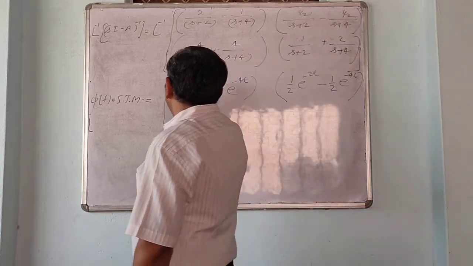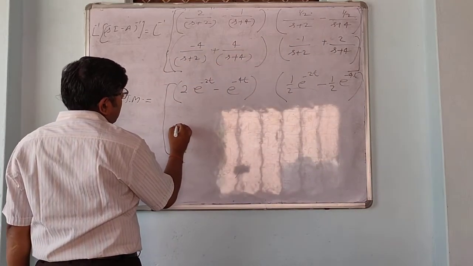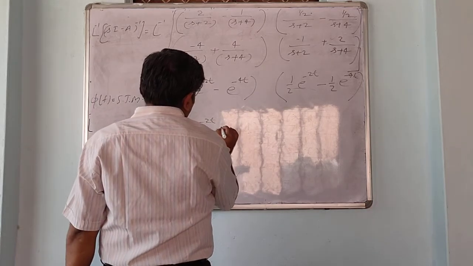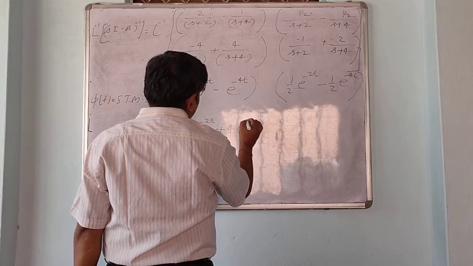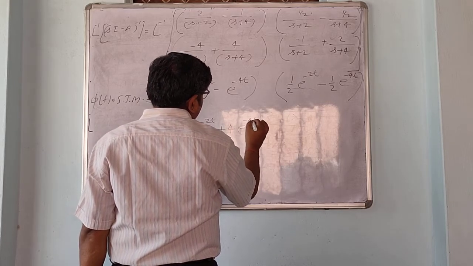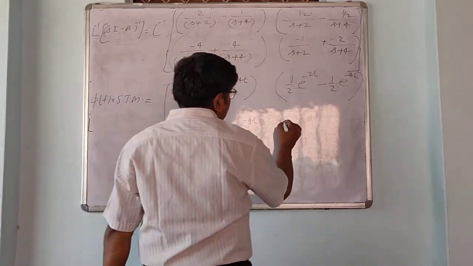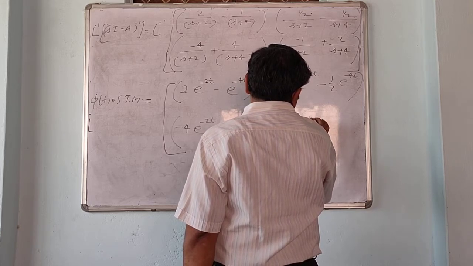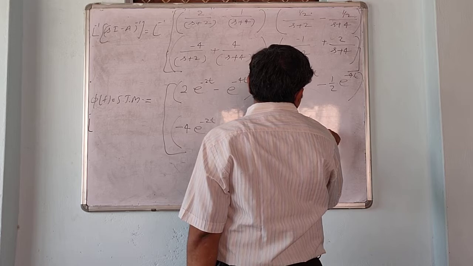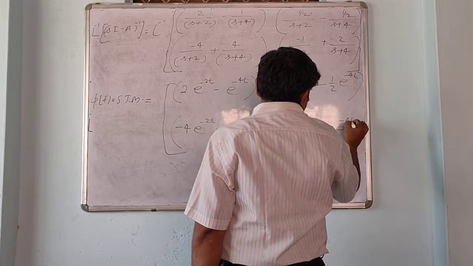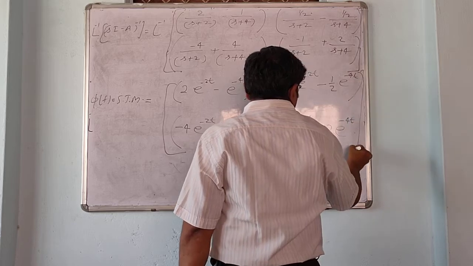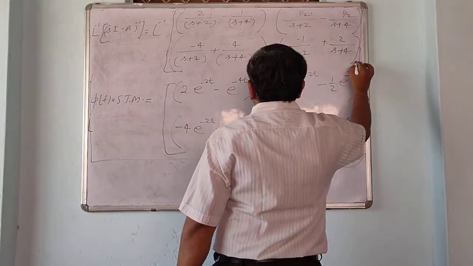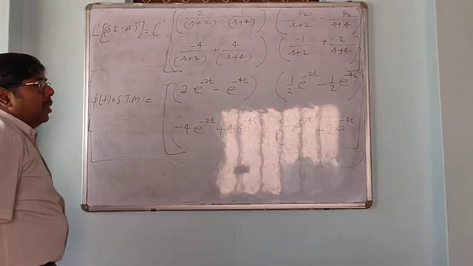For the third term, minus 4e to the power minus 2t plus 4e to the power minus 4t. And the last one is minus e to the power minus 2t plus 2e to the power minus 4t. So this is the value of the state transition matrix by using the Laplace inverse method.